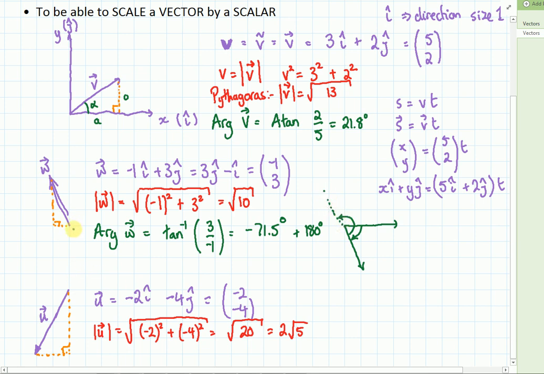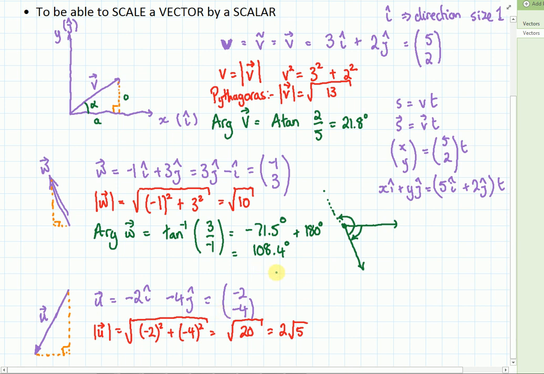Okay. So minus 71, and then we add on 180, and we get 108.4 degrees. So because this is negative x and positive y, we know it's going up from this axis, and we know it's going back from that point. So we need to correct for the mistake of the cancelling going on in here.